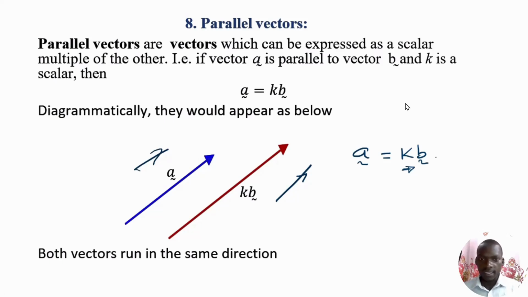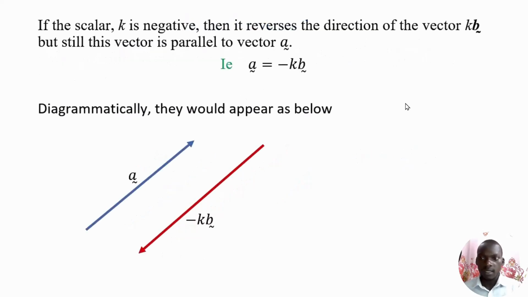Let's look at where they run in opposite directions even when they are parallel. We are saying that if the scalar k is negative, then it reverses the direction of vector B, like the way we have seen from the earlier illustration. But still, this vector is parallel to vector A. So in case one reverses the direction, we shall then have vector A expressed in terms of vector B as equal to the negative scalar multiplied by vector B. And diagrammatically, they would appear as we can see below.